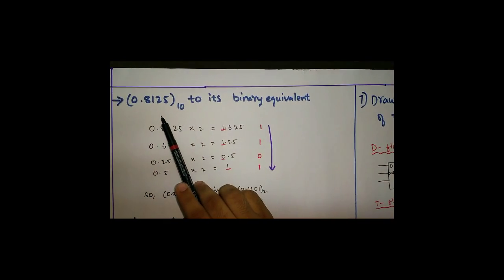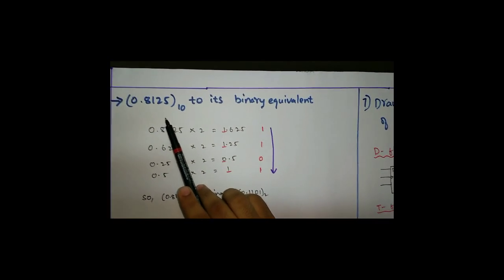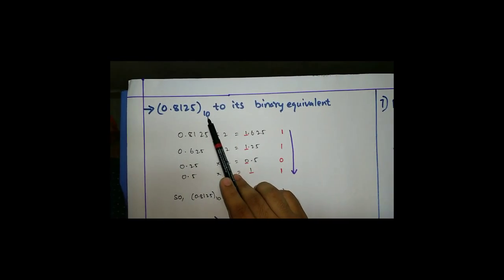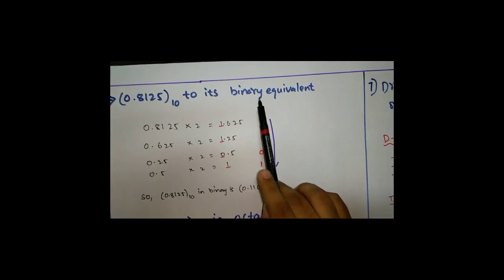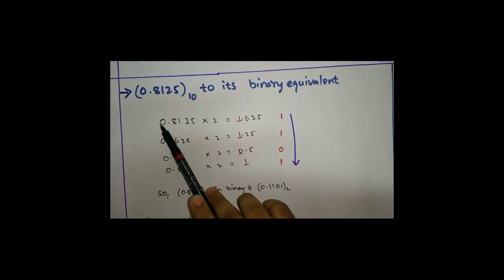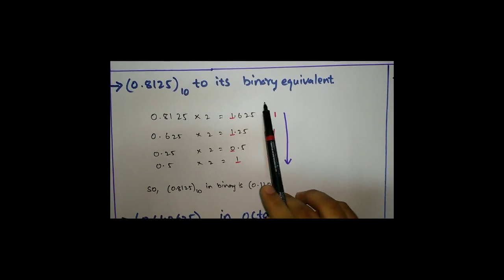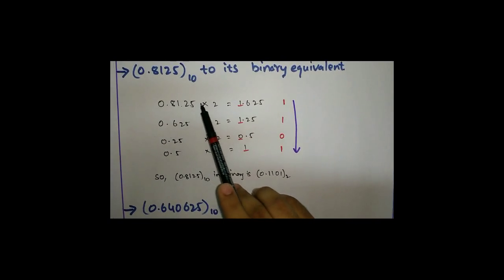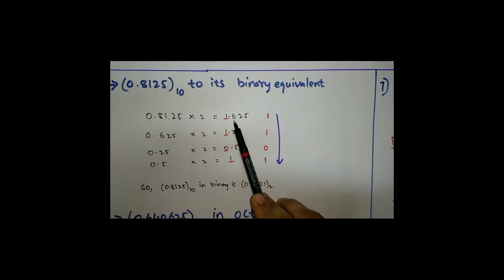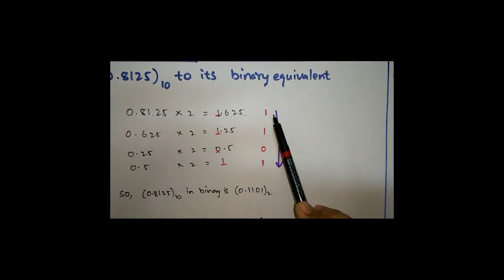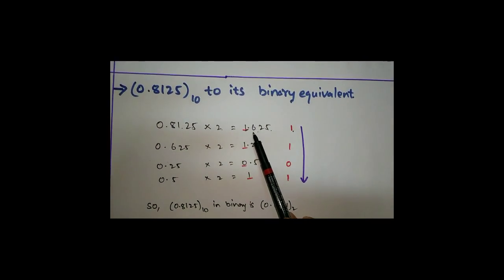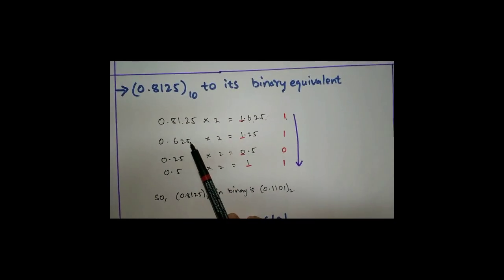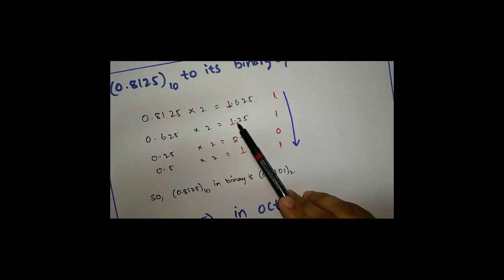So next, here we deal with the fractional values, some examples. So we have 0.8125, it is in decimal. To convert to binary, binary means to the base 2, so we multiply into 2. 0.8125 into 2, here 1.625, where we take the first digit here written as 1. Next one we take only the fractional part, 0.625 into 2 equal to 1.25.